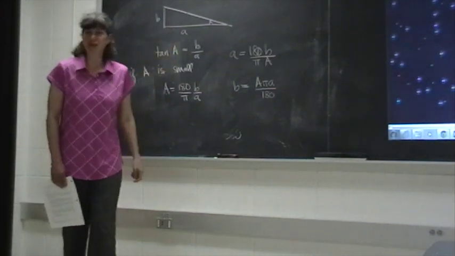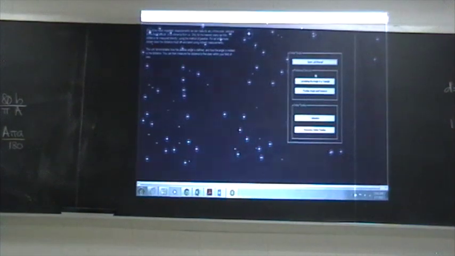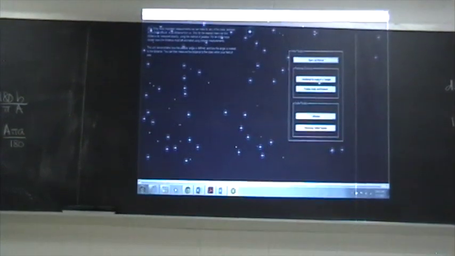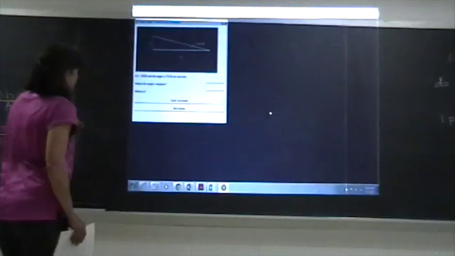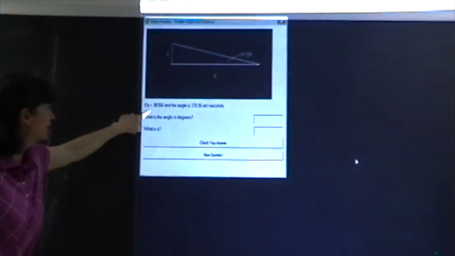The first part of virtual astronomy will just be some practice for you to help find the unknown sides of the angles. So, they give you the short side of the triangle and they give you the angle in arc seconds. The first thing you need to do is convert the angle in arc seconds to the angle in degrees.